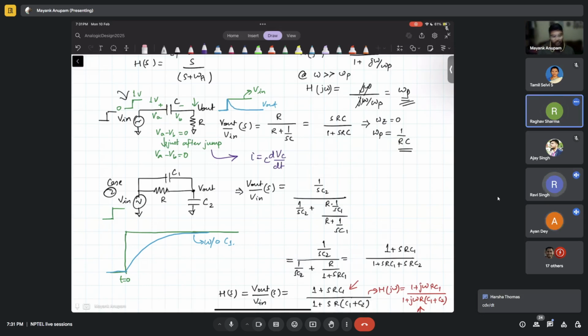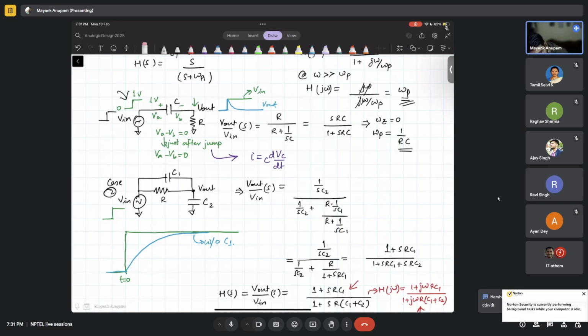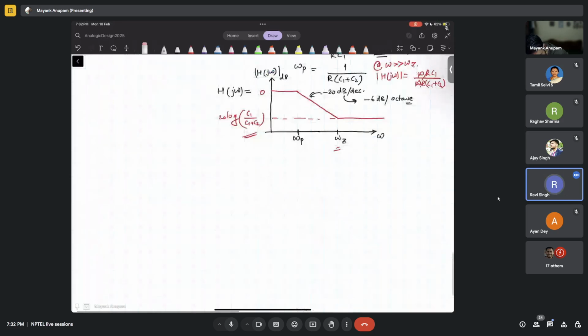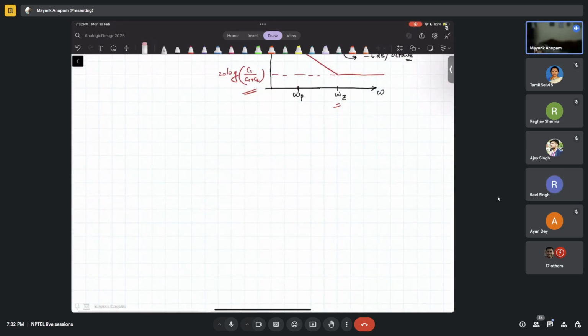I equals C dVc by dt, where VC is the voltage across the capacitor. Let's say you have a capacitor here and the voltage across it is VC. Let me copy it and write it somewhere below. It's a small digression here.